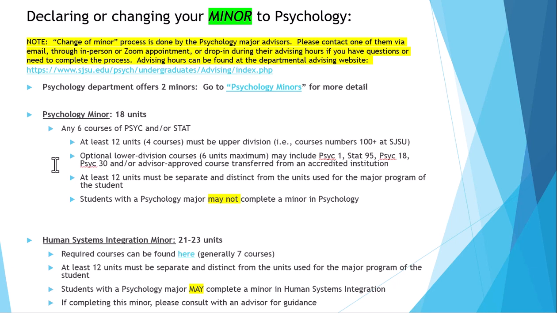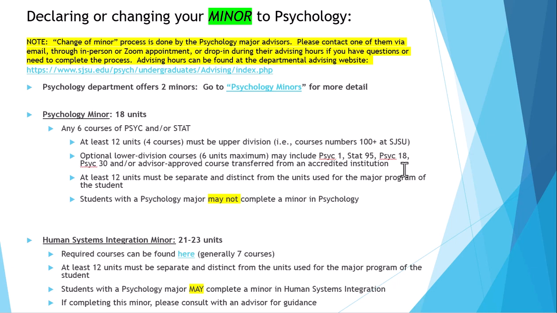Okay, so there are some lower division psych courses that you may have taken at your community college or at San Jose State. Those could include courses like Psych 1, Stat 95, Psych 18, which is our Introduction to Research Methods course at the lower division, Psych 30, which is the Intro to Psychobiology, and/or any approved course that you've transferred from another institution.